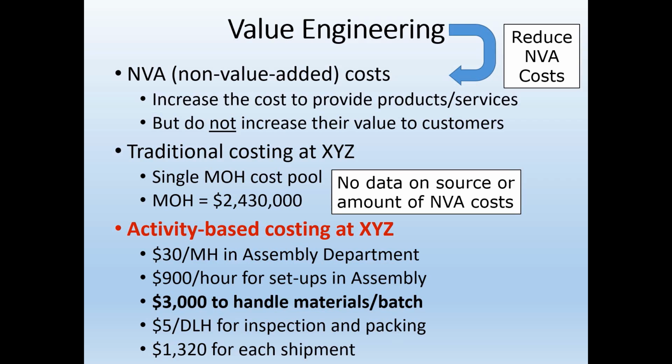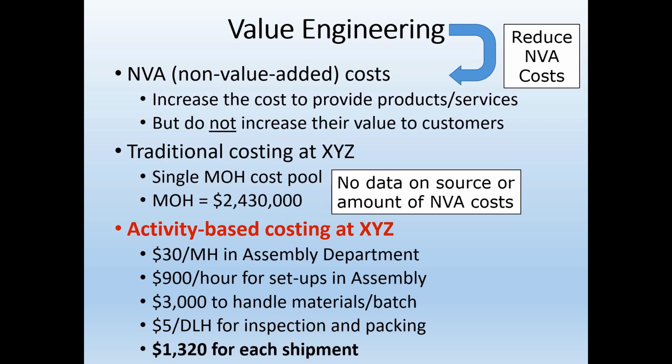Alternatively, maybe XYZ should consider making larger batches. The firm is currently spending $5 of allocated inspecting and packing overhead for each labor hour. Maybe if the firm had more confidence in its production process, it wouldn't have to spend so much checking the products for defects.